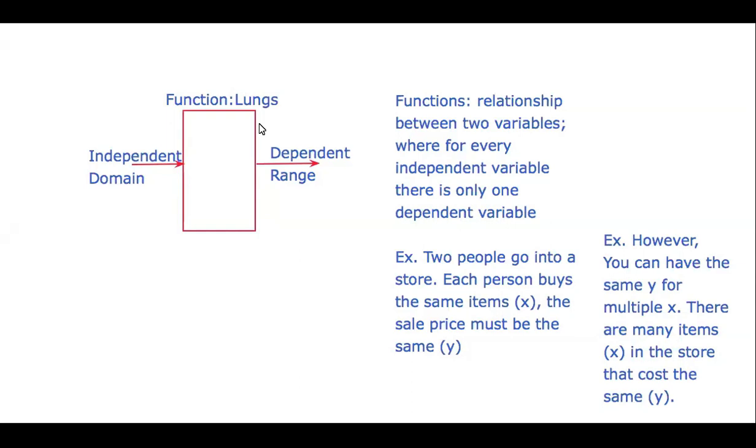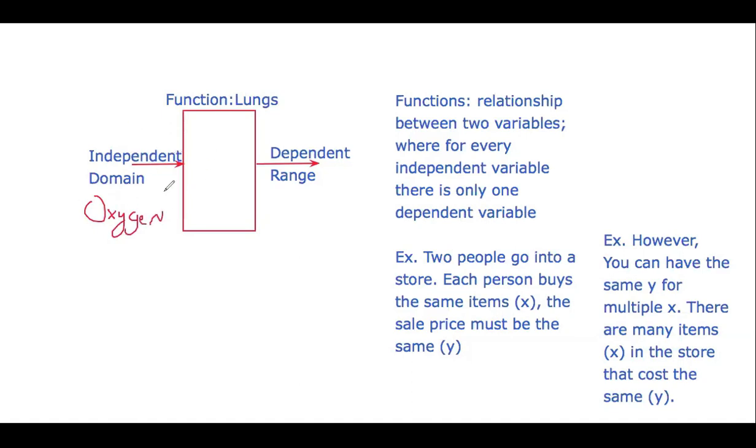Another one I like to use is the human body. Not getting into extreme biology here, but we have our lungs, and when we breathe, we need oxygen to survive. I know we breathe in a lot of other things, but we need oxygen.